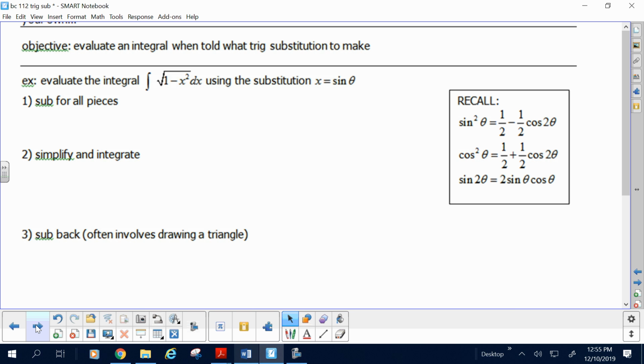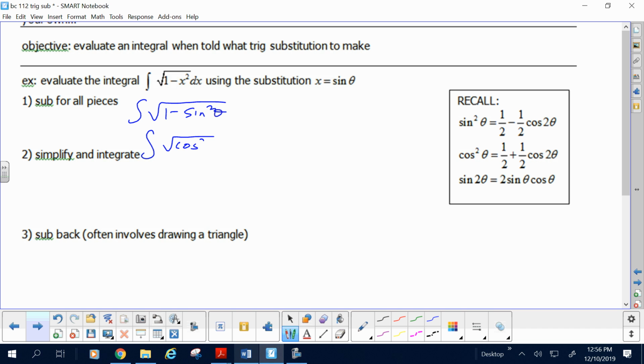If you let x equal sine theta, then this integral becomes 1 minus sine squared theta, which is cosine squared theta, which is just cosine theta. And that's pretty great. Now, just like in u-sub, you have to account for the dx as well. So things will get a little dicey there.